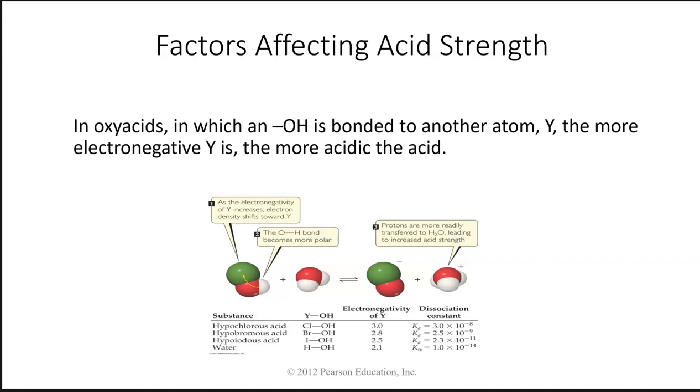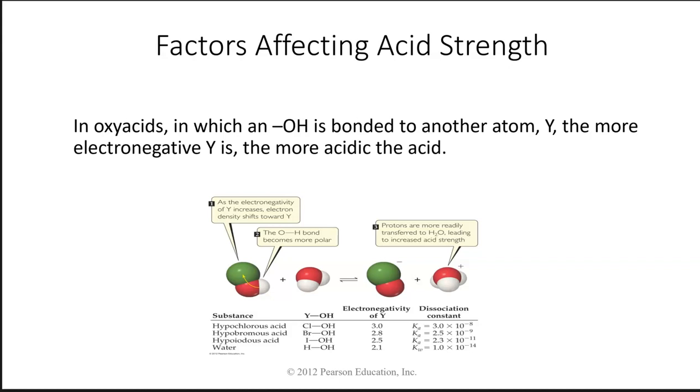We go to hypoiodous acid. The electronegativity is a little bit greater than that of water, so it becomes a slightly better acid. Hypobromous acid, bromine's more electronegative than iodine, so again we see an increase in electronegativity and acid dissociation constant. And chlorine, even more so.